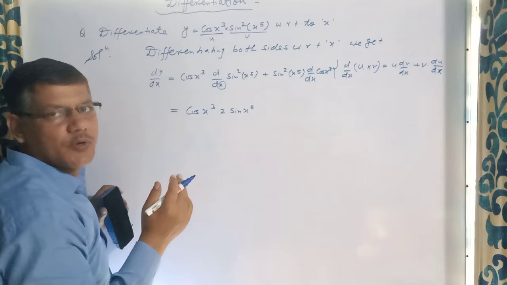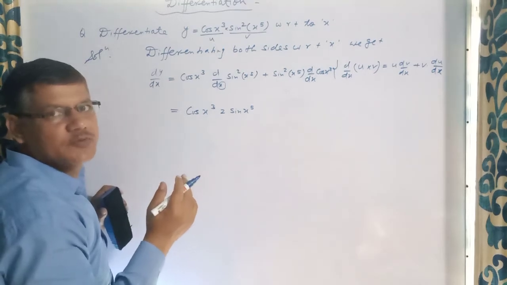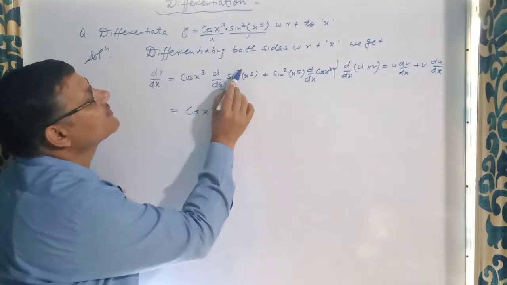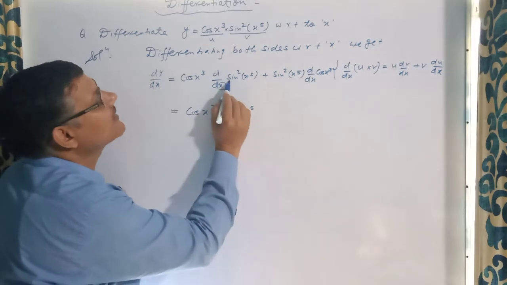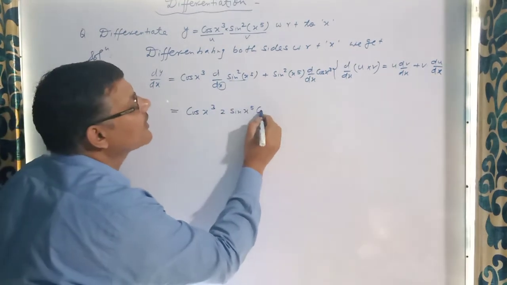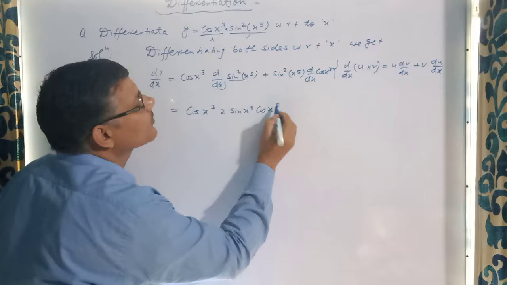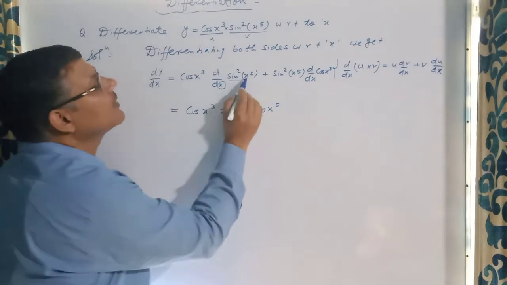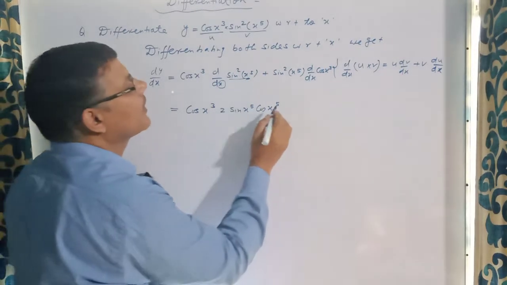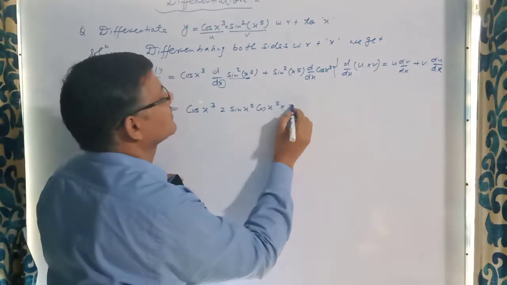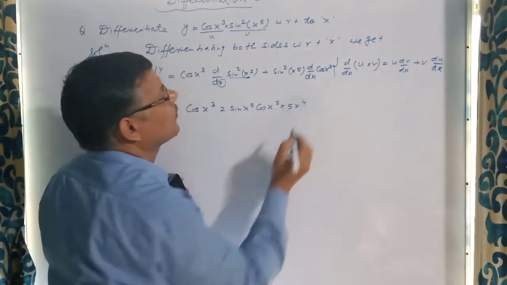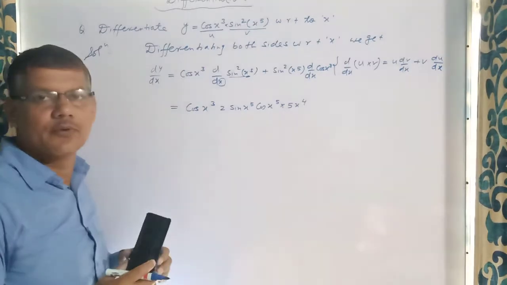The derivative of x power n is n into x power n minus 1. Now this is removed, now we have sin x power 5, and the derivative of sin x power 5 is cos x power 5. Now we come to the last function, x power 5, and its derivative is 5 into x power 4. This is the derivative of your first part.